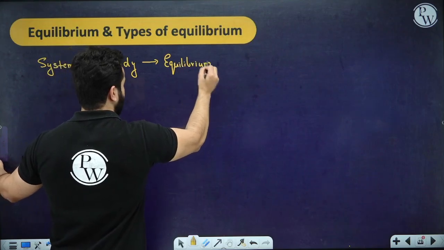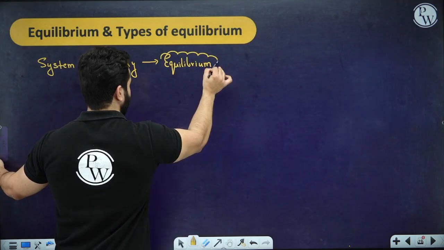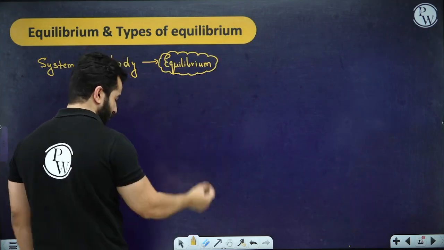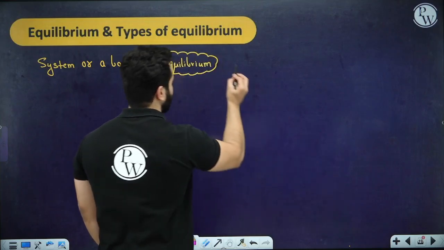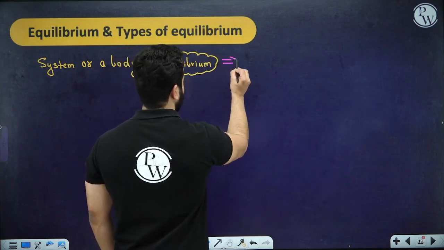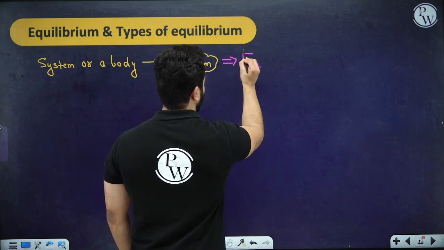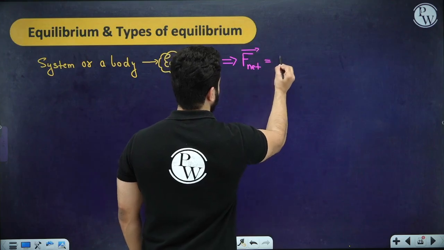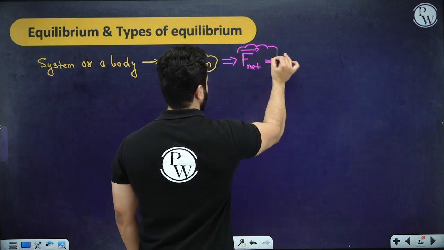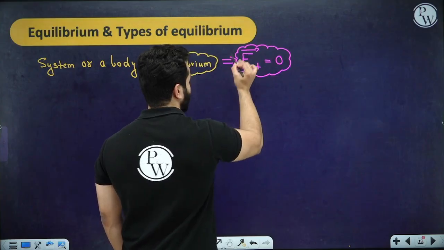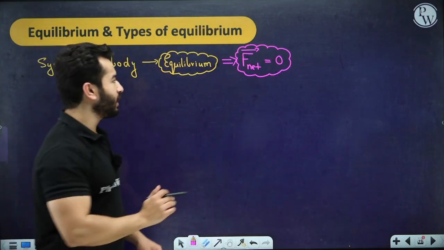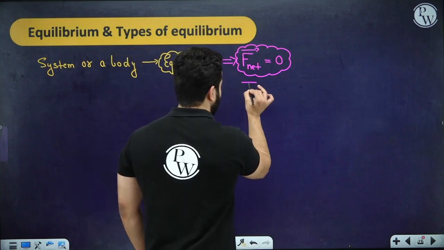Whatever we try to say, equilibrium basically means the net force acting on the body is zero. Along with this, when we say equilibrium, we also mean the net torque acting on the body is zero.